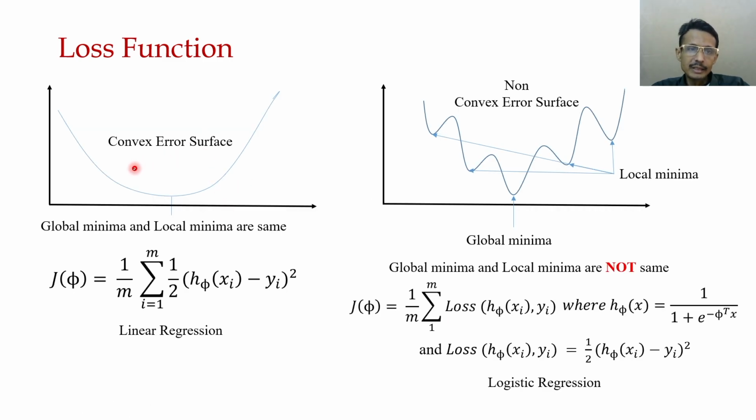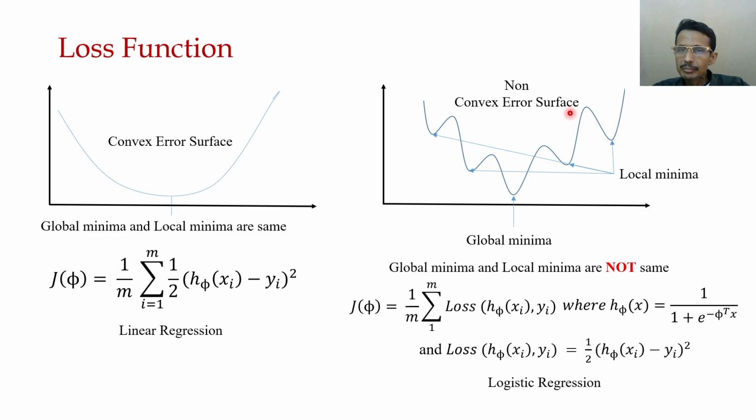Now you see, in linear regression, if we plot this function, it was convex, as you have seen earlier. But if we plot this logistic regression function, then this error surface is non-convex.